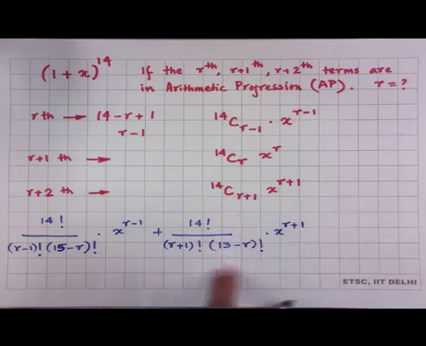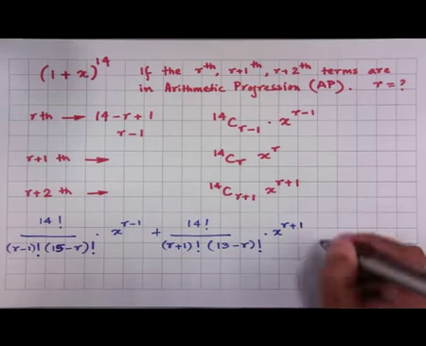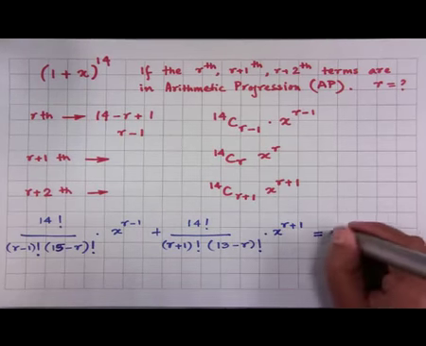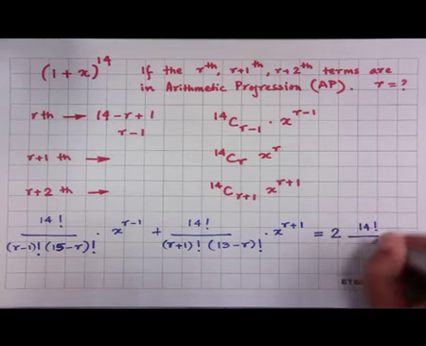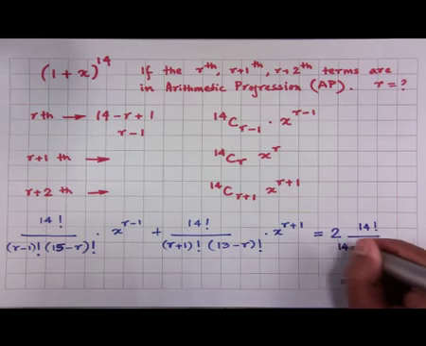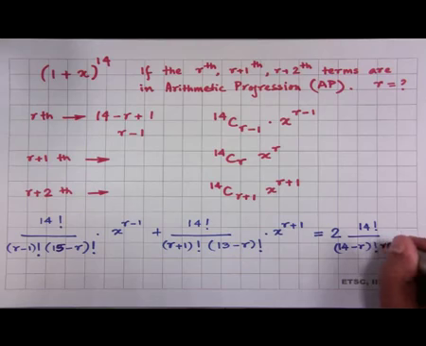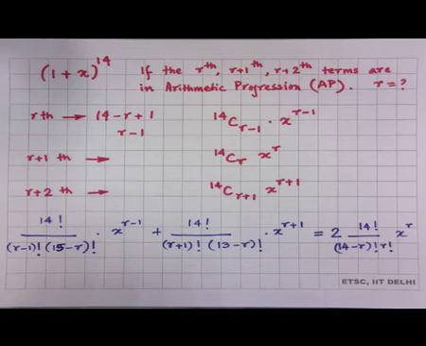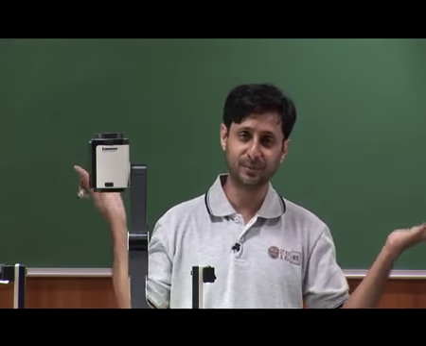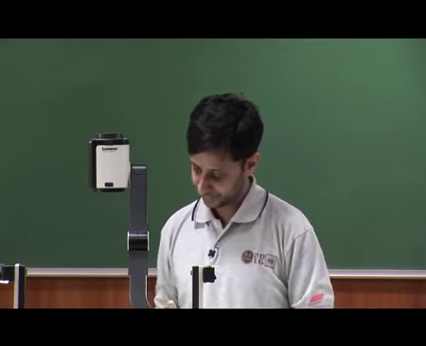This is the r plus 1th term, and this sum is equal to 2 times 14 factorial by 14 minus r factorial x power r. So, this is pretty much the problem statement, and we have to find out what r is in terms of x, obviously.